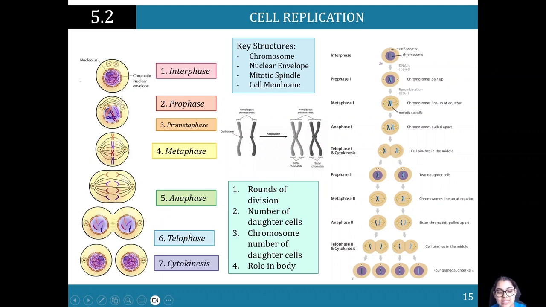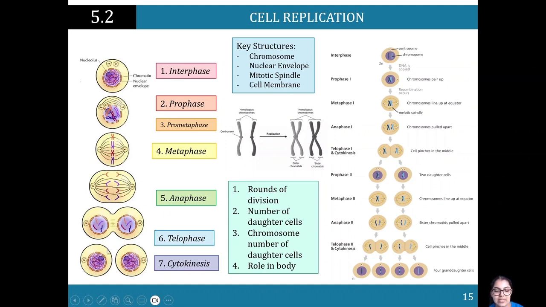From there, in telophase, what happens is once those chromosomes are pulled apart, and now we have a copy of the chromosome on each side, we then start to see the nuclear envelope form again right there. It forms again, and then the cell begins to stretch, so that now we've got the beginnings of the two cells here.